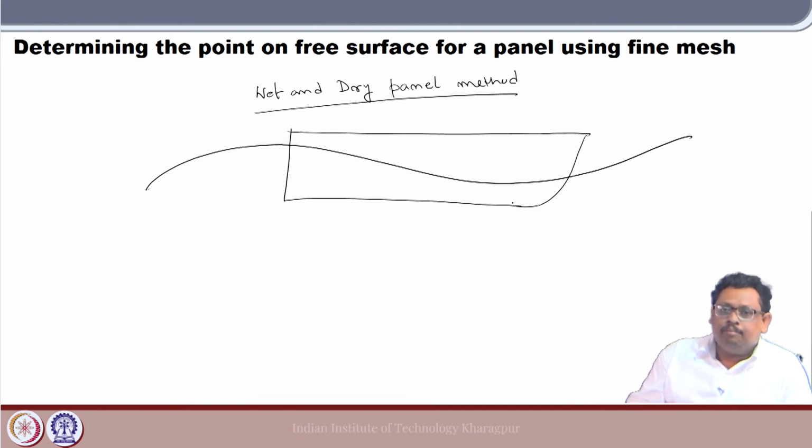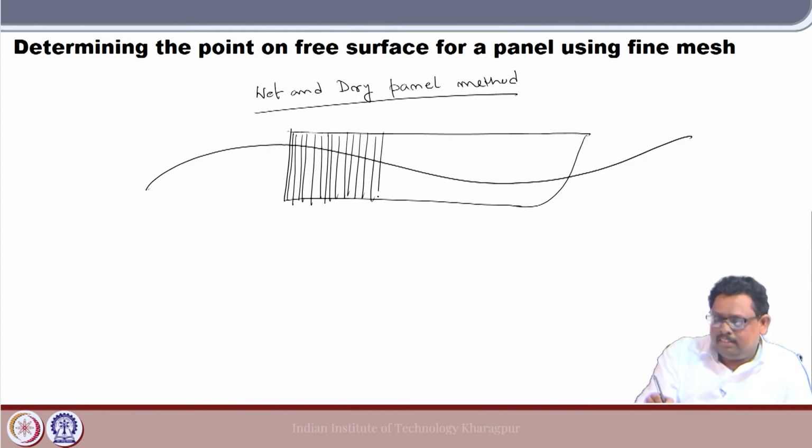Now, let me do the paneling also. Here I am making a very fine mesh, very fine panels, not very big panels. It only works if you make the panels very fine.